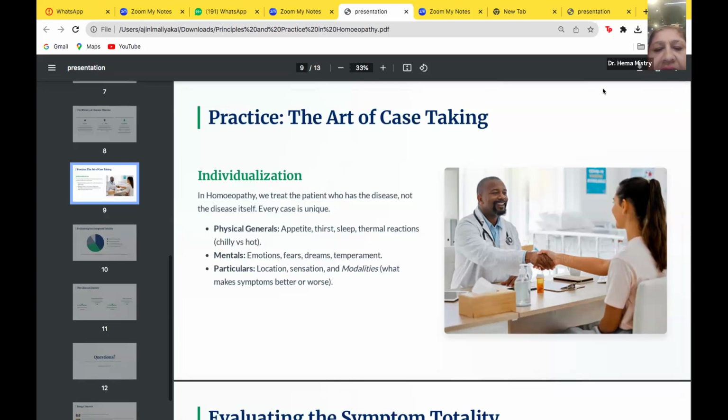And the art of case taking. When we talk of case taking, it is when as a homeopath we see a patient and take the preliminary information, like in the last lecture which I took on case taking, where case taking is not only taking up the data, superficially covering the signs and symptoms of the patient, but systematically evaluating that patient as a whole.